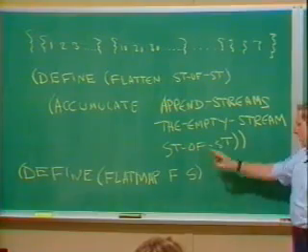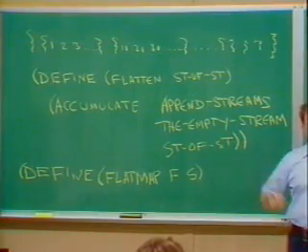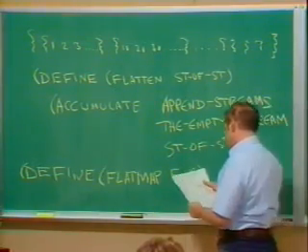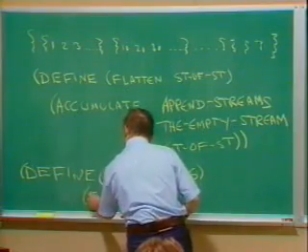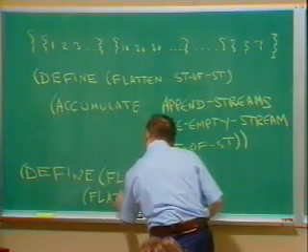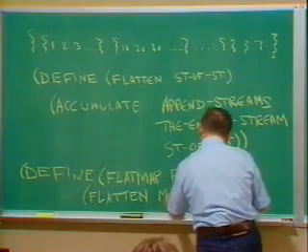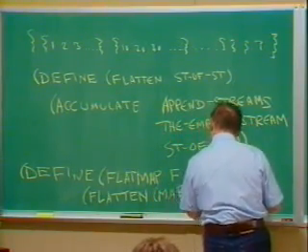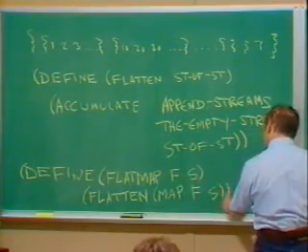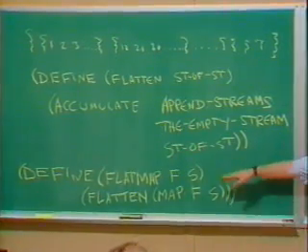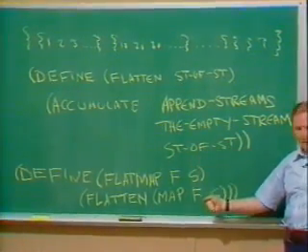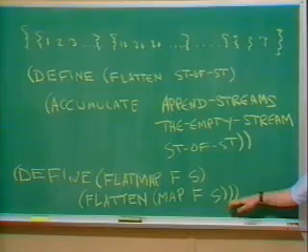What I want to do is take all of the elements in all of those streams and combine them together. So that's just going to be flatten of map f down s. Each time I apply f to an element of s, I get a stream. If I map it all the way down, I get a stream of streams, and I'll flatten that.